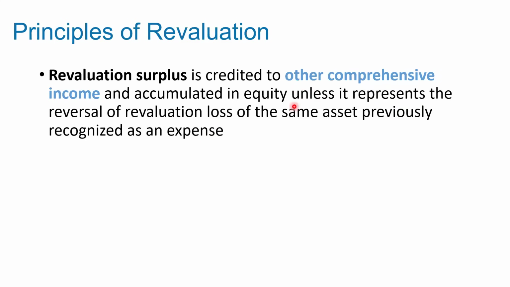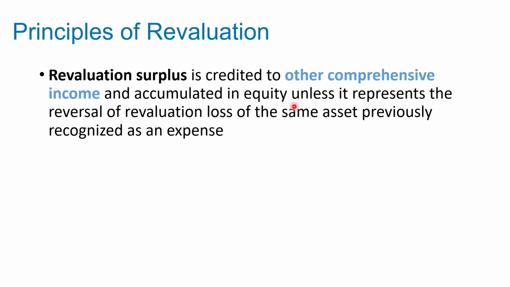But if there is a revaluation surplus, where do you take it to? Other comprehensive income. And I told you I will be looking at the final account of a company. So with the final account of the company, the income statement, there is a portion called the other comprehensive income. We add it to the profit for the year to get total comprehensive income.